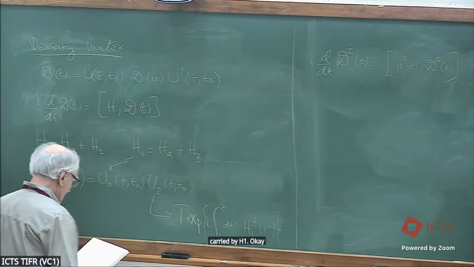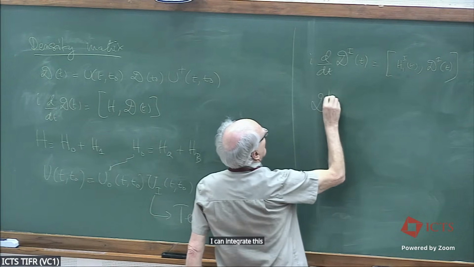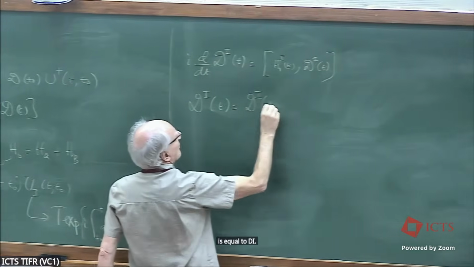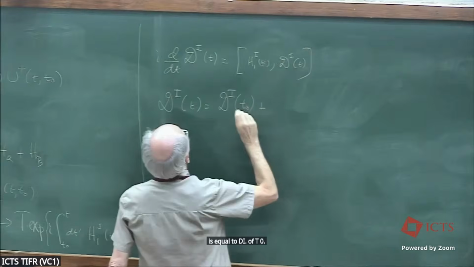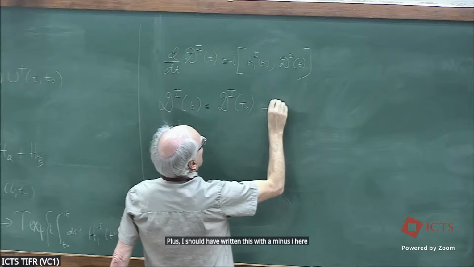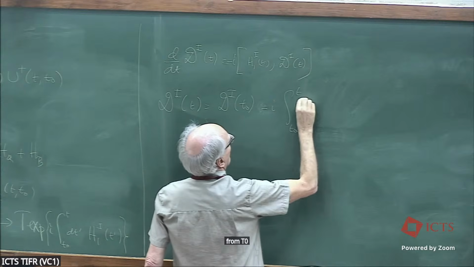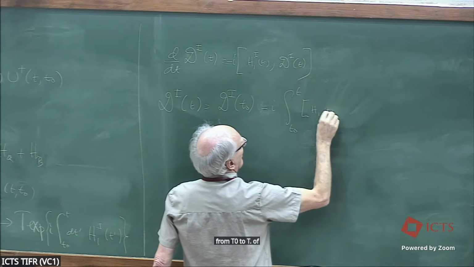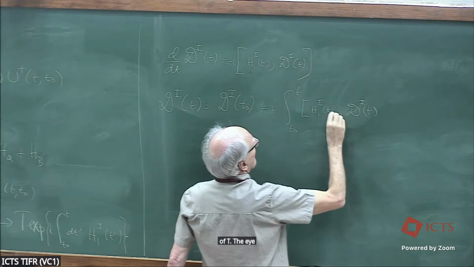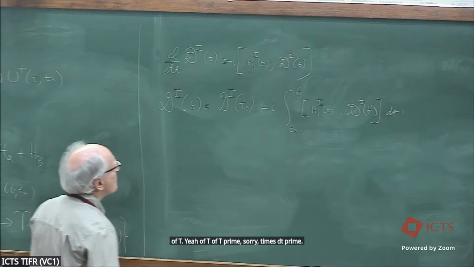Now let me integrate this equation. D_I(t) is equal to D_I(T0) plus, I should have written this with a minus i here, so it's minus i times the integral from T0 to t of the commutator of H1(t') with D_I(t'), times dt'.